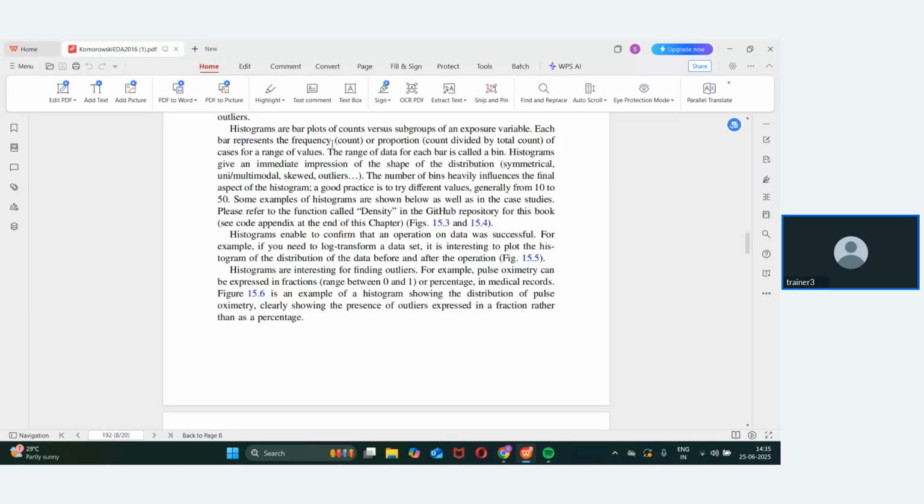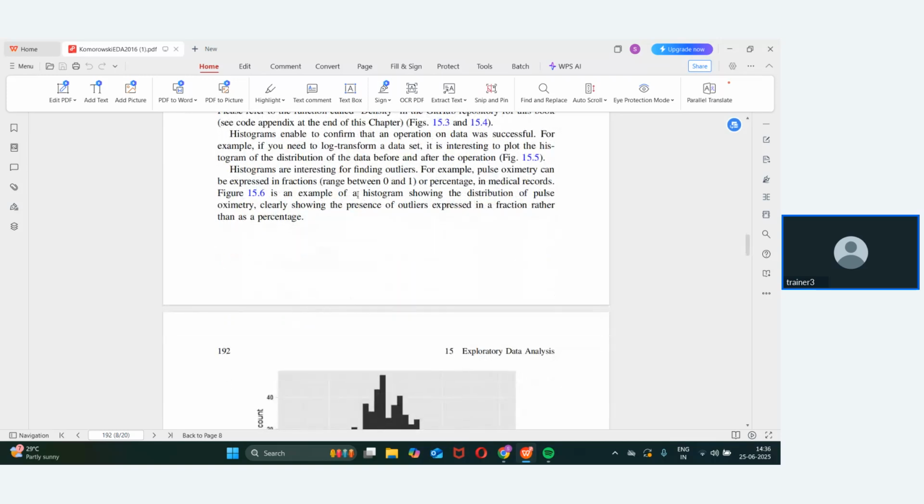Each bar represents the frequency, or the number of times they occur. Histograms enable us to confirm that an operation on data was successful. They are also used to find outliers.